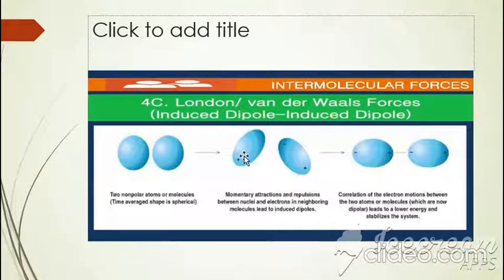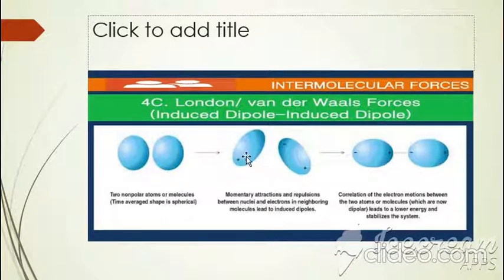When this instantaneous dipole, as we discussed in the dipole-induced dipole, comes close to another non-polar molecule, it induces polarity on the other molecule. This is another molecule, a non-polar molecule.